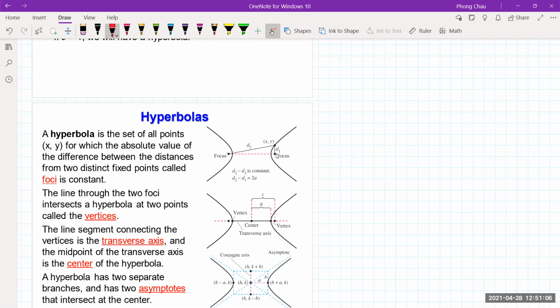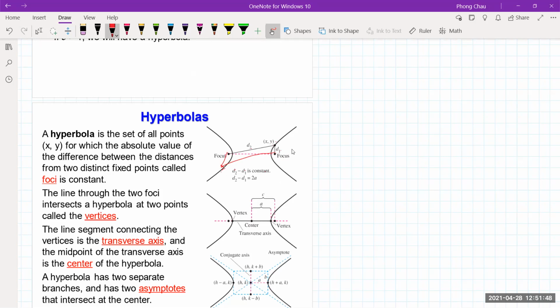These two fixed points are called the foci. You pick any point on the hyperbola and measure the distance from these two foci, D2 and D1. If you take the difference, D2 minus D1, it is fixed, constant. Let's say it's equal to 2A, or some constant. It doesn't matter where you are, right? So if you pick this, measure the distance, you take the longer, subtract the shorter, it's going to have the same number. Okay, so that's what it means.